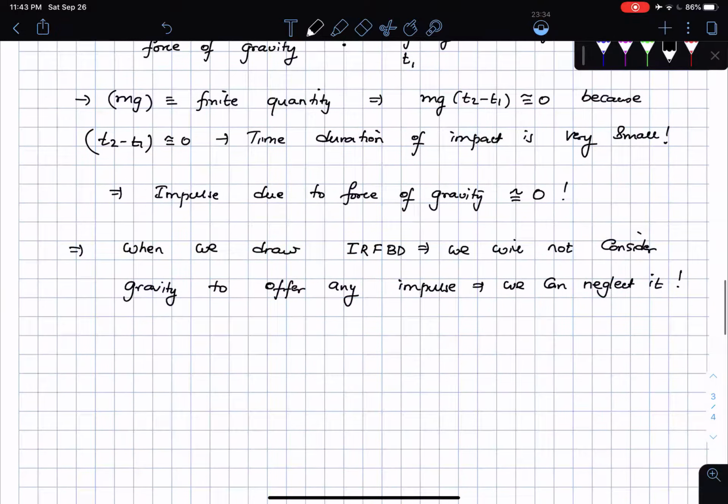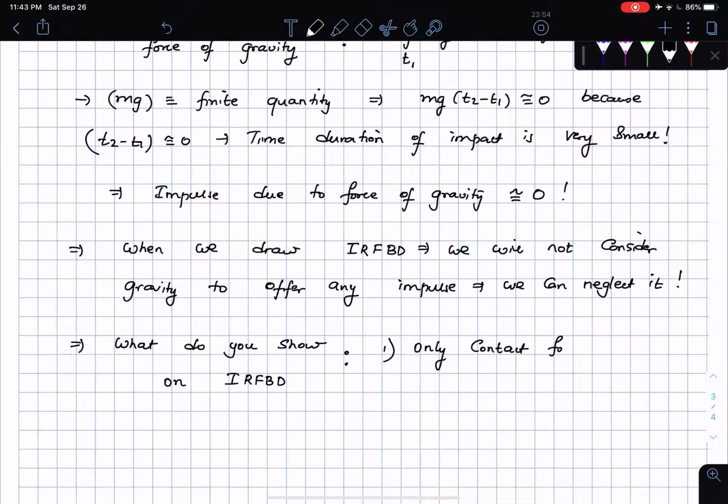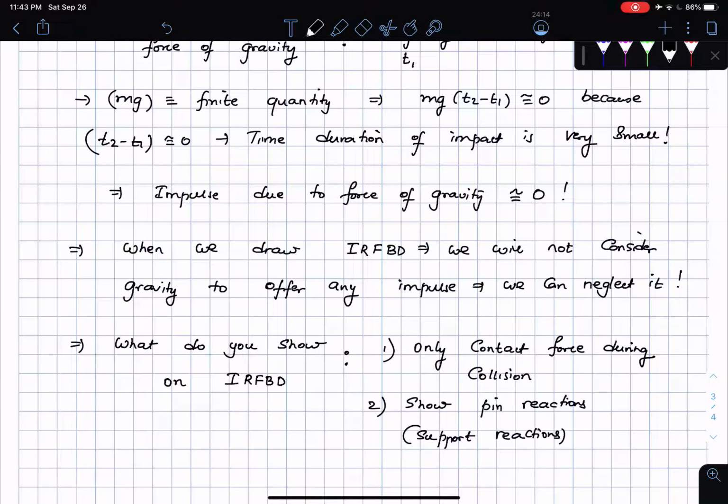So what do you draw on the IRFBD? What do you show on the IRFBD? Only the contact force during collision, and then you also show the pin reactions or support reactions, if any.